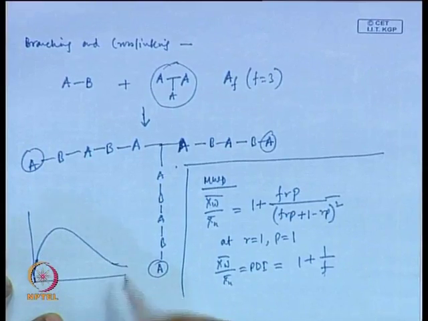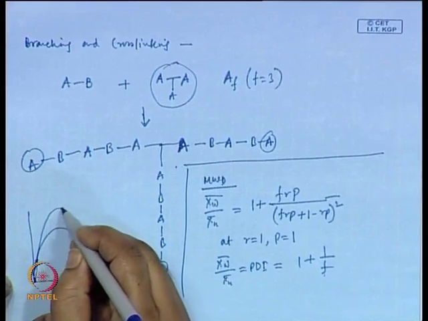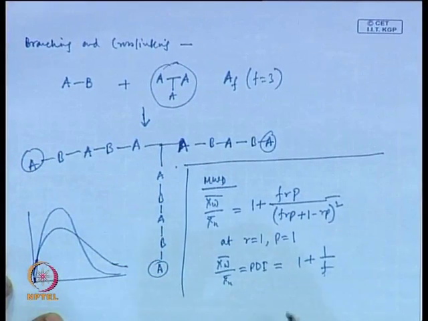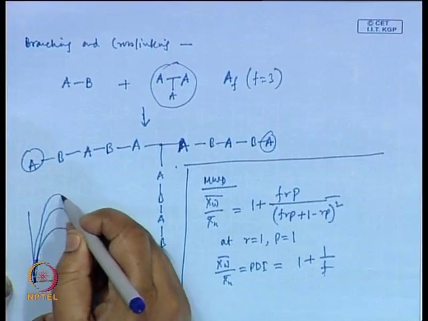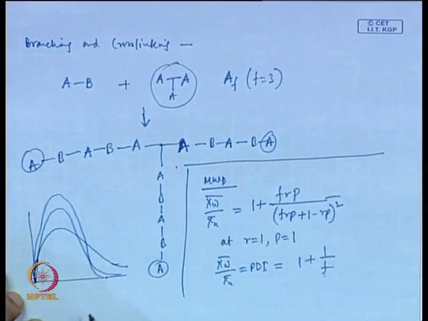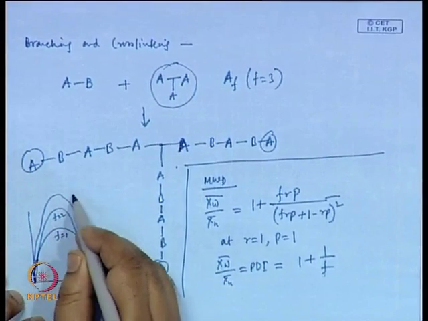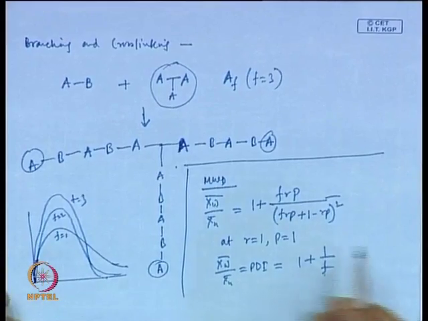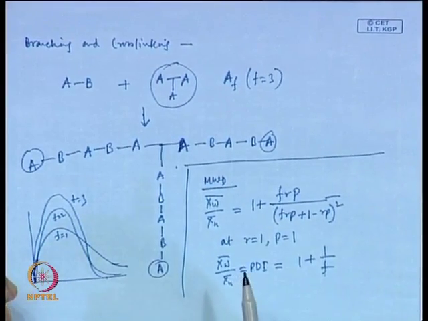If the distribution is like this for f is 1, if I increase f, then it will be narrower. If f is 3, it will become even narrower. So, this is f is 1, f is 2, f is 3. When we have more and more branching, the polymer chains have lower and lower polydispersity. So, basically in this case low molecular weight chains are not present in that amount as there would be if there was no multifunctional or polyfunctional group.